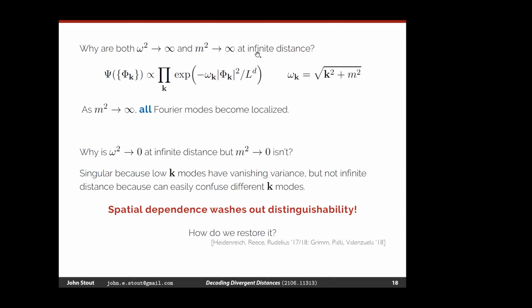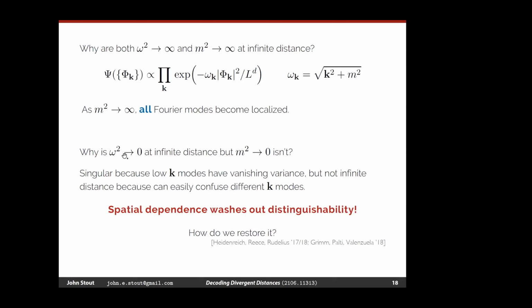As I take the mass to infinity, I'm collapsing the wave function to 0 values of the field variable. So if I have this quantum field and I perform a measurement anywhere in space, and I detect a non-zero field value, then immediately I know I've distinguished this theory. I've immediately ruled it out.